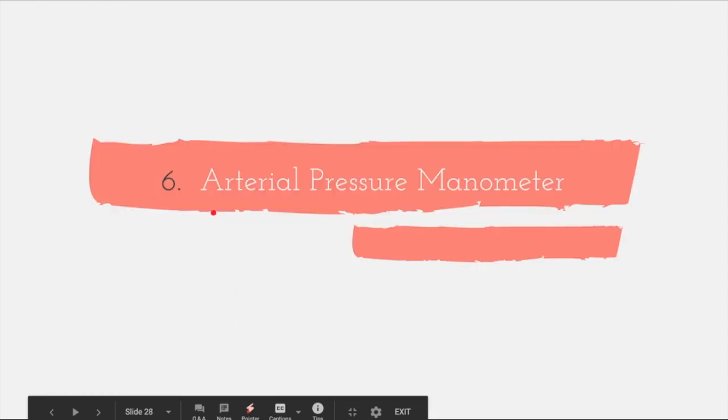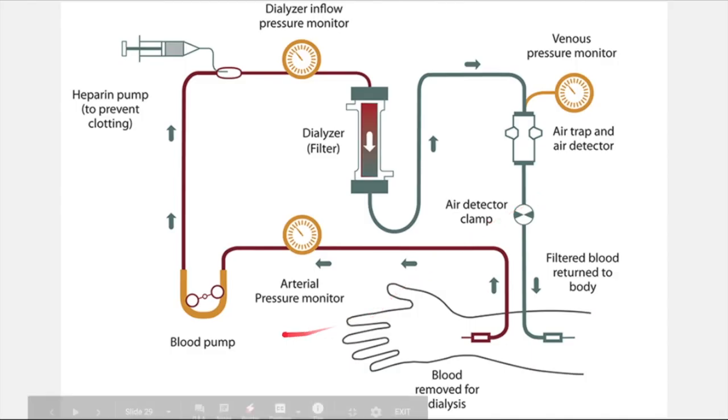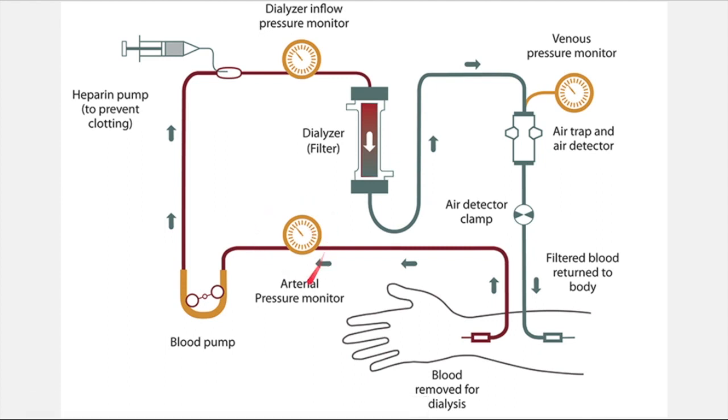So next is the arterial pressure manometer. So the arterial pressure manometer or monitor can be shown here. This is the arterial pressure manometer. So this reads the arterial pressure, which represents the negative pressure created by the roller pump.